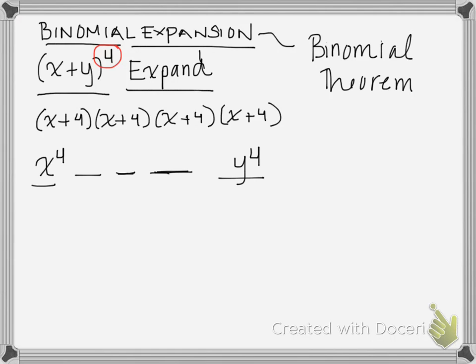Now, filling in these terms follows a very clear pattern, and this is what the theorem is about. The pattern is that we're going to have x to the fourth for the first term, and then x to the third for the next term, and then x squared, and then it's going to drop to x to the first, and then it really drops to x to the 0.